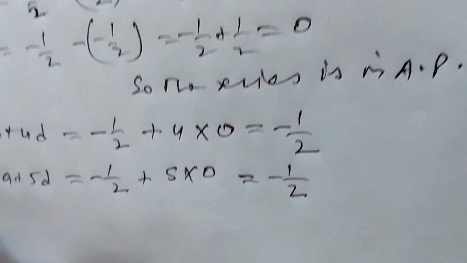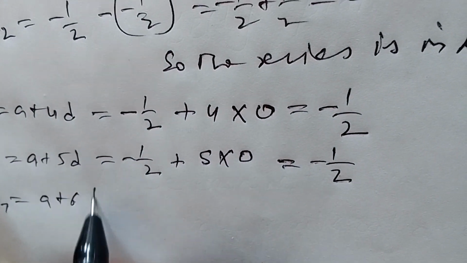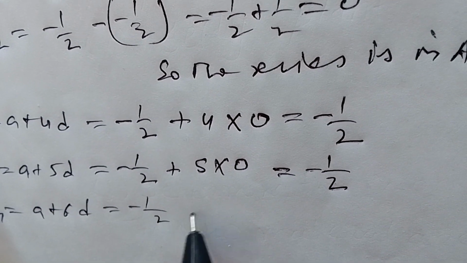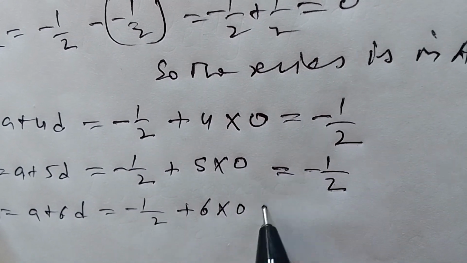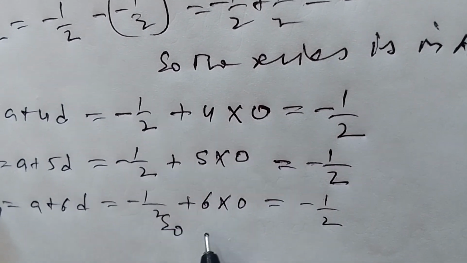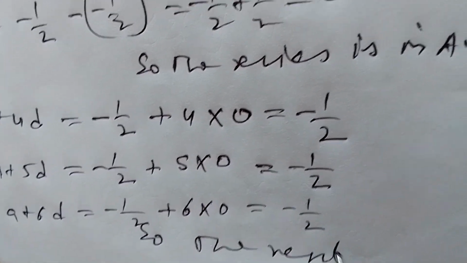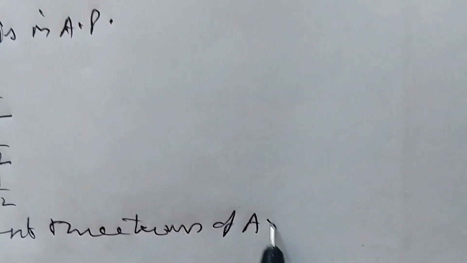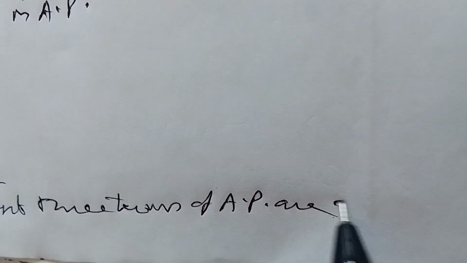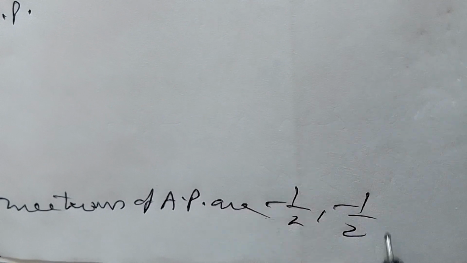Similarly, A7 is minus half plus 6 multiplied by 0, which is minus half. So the next three terms of the AP are minus half, minus half, minus half.